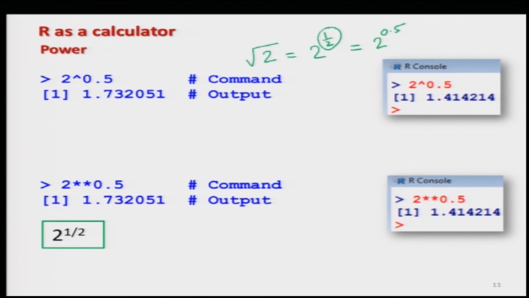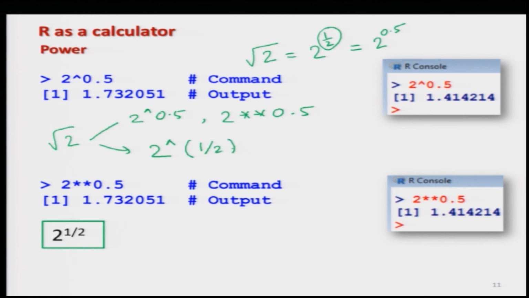So I have two options. If I want to obtain the square root of 2, the first option is 2 raised to the power of 0.5, the second option is 2 star star 0.5, or the third option is that I can write 2 raised to the power of, inside the bracket, 1 by 2.